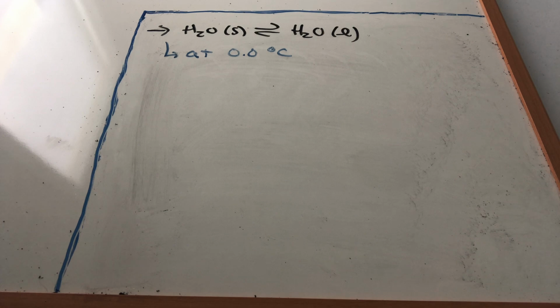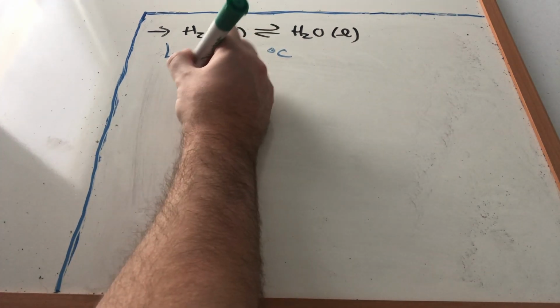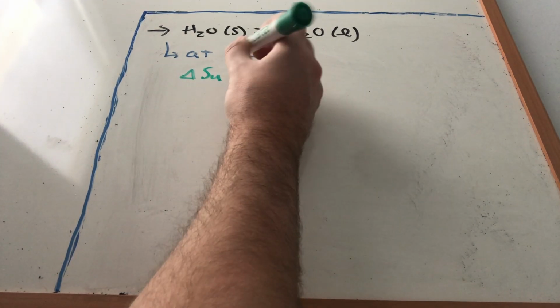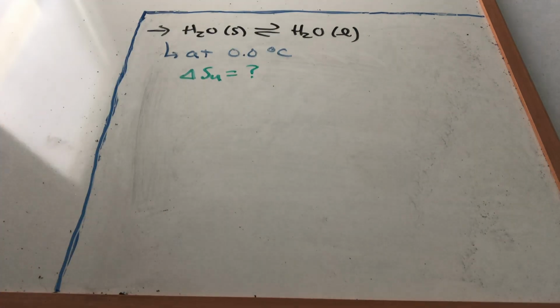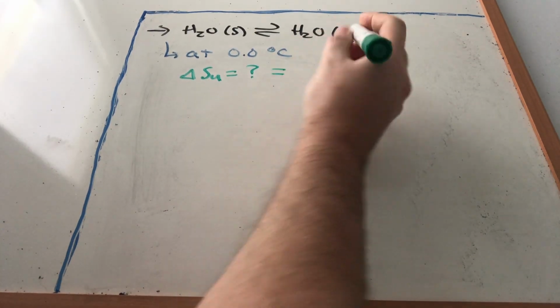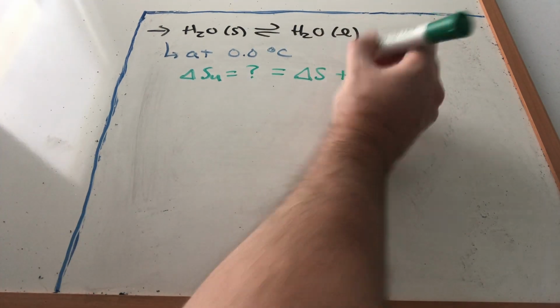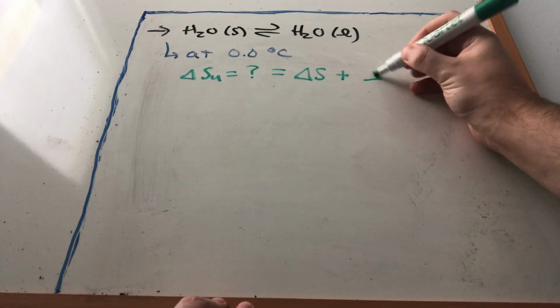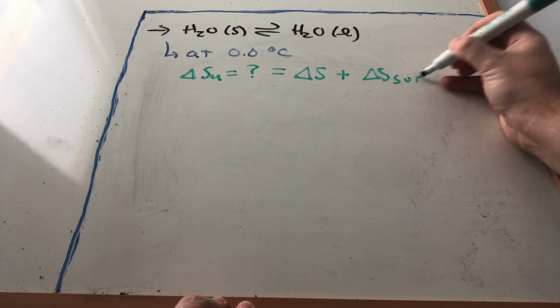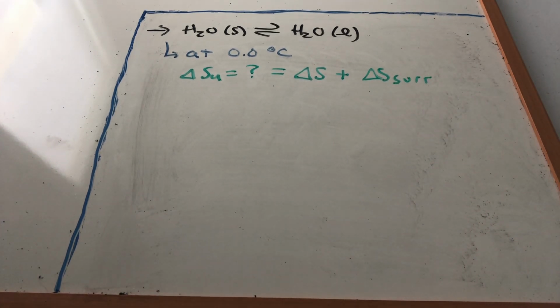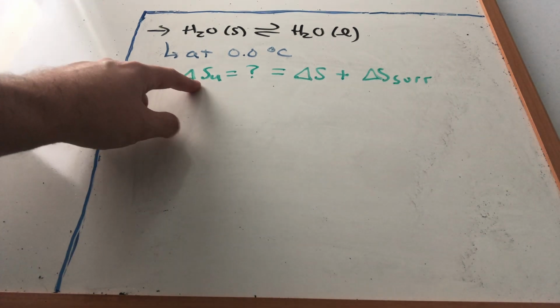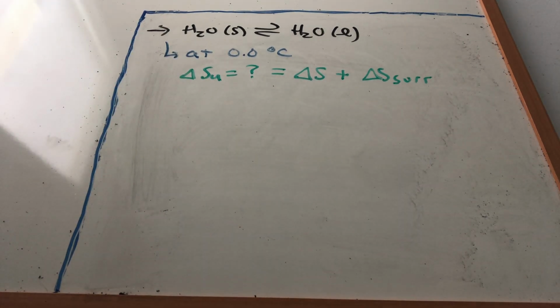What we want to know is what delta S of the universe is equal to. Delta S of the universe means I need delta S for my system, and I also need delta S for my surroundings. If I add those together, I'll get delta S of the universe, and that will tell me if the reaction or the process happens or not.